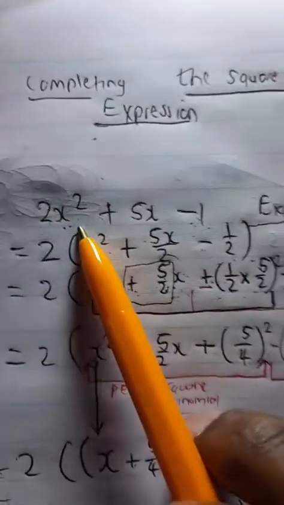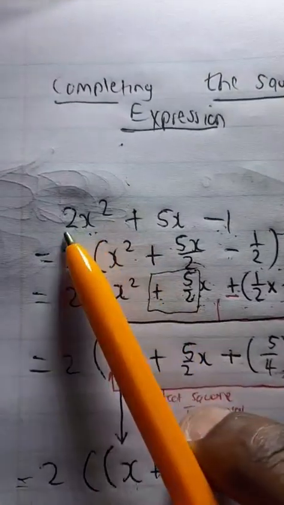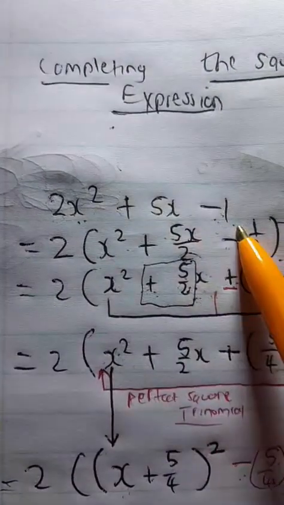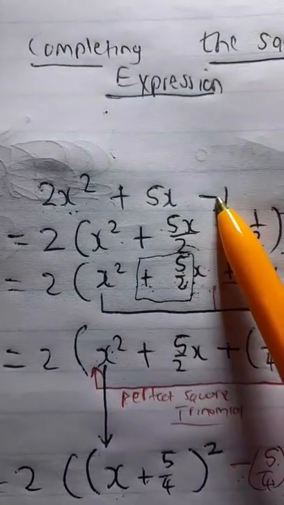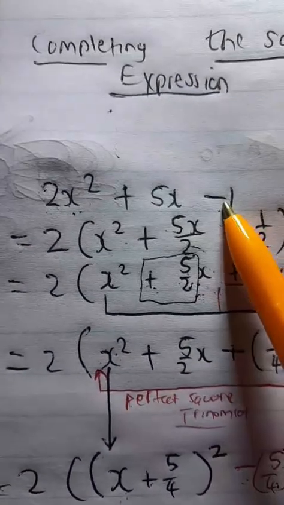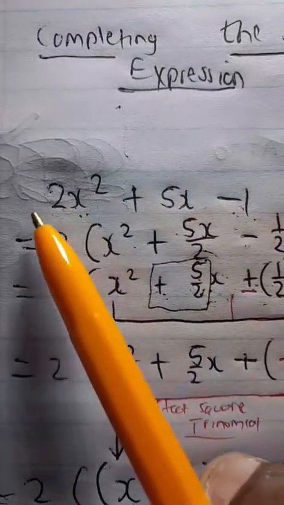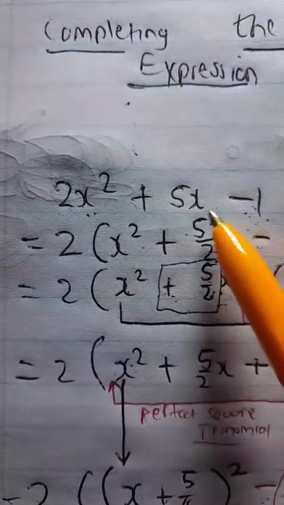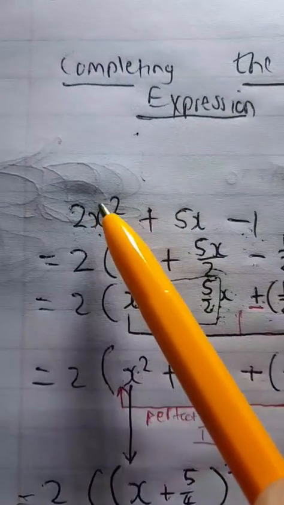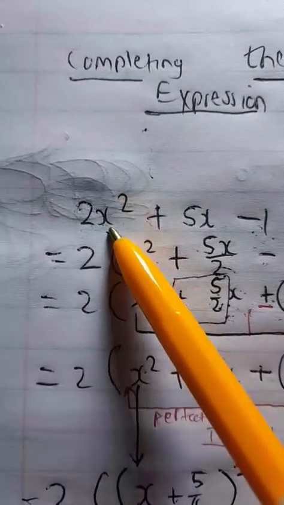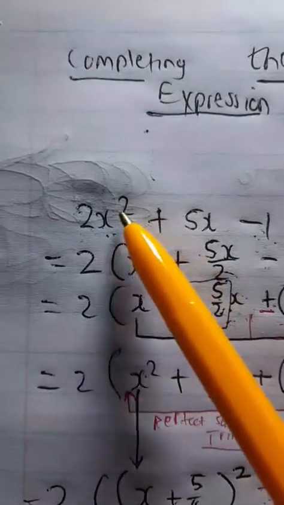Now, what did I say first and foremost? When we look at a quadratic expression, how do we go about completing the square? Step number 1: if the quadratic expression has a coefficient that is not 1, we first need to get the coefficient of x squared to become positive 1.